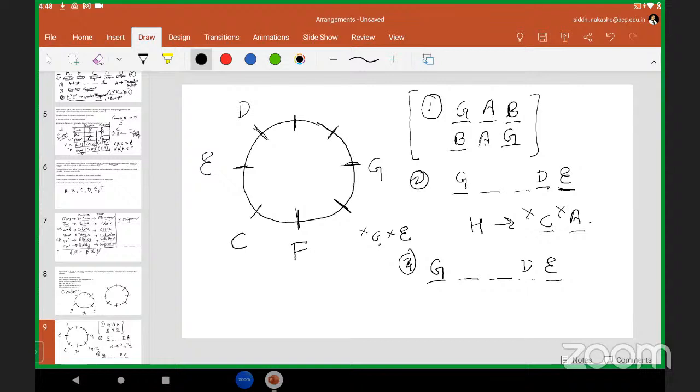So now again, A sits between G and B. So B can't come over here. So B has to be over here. A has to be over here. Fine. And now at last we'll get the condition as H over here.